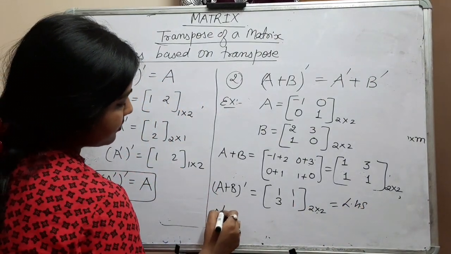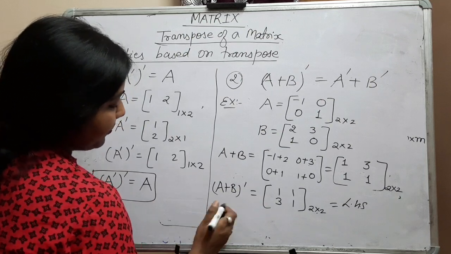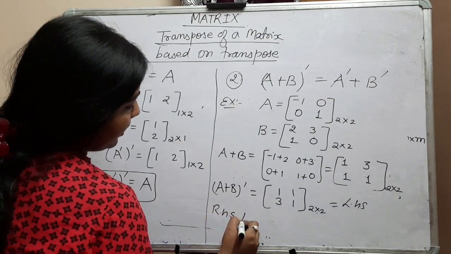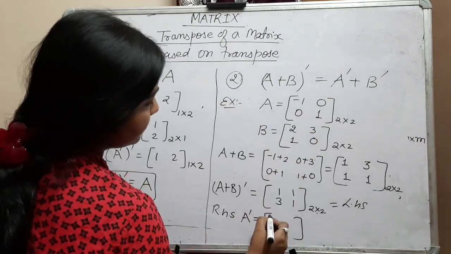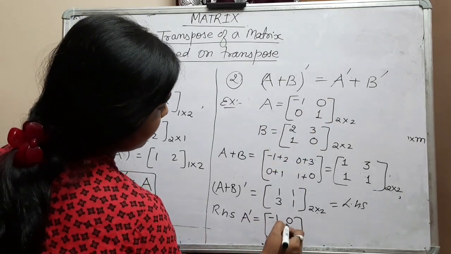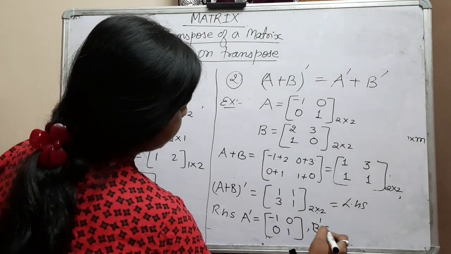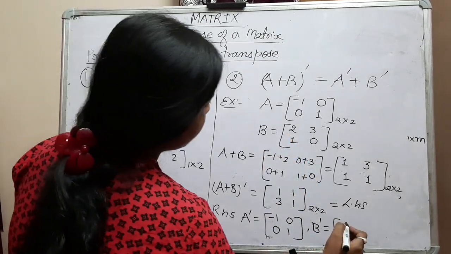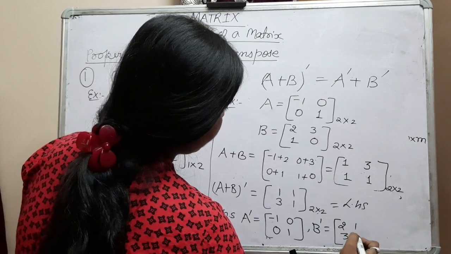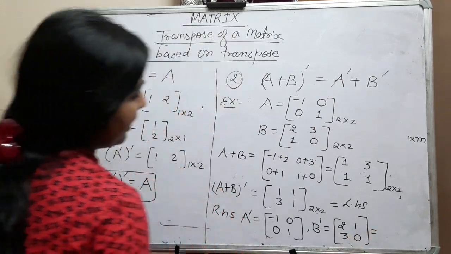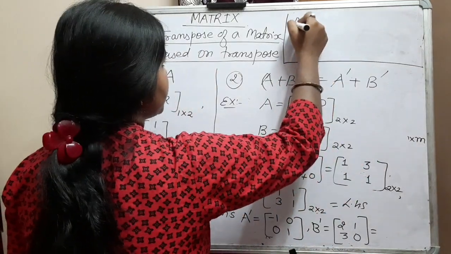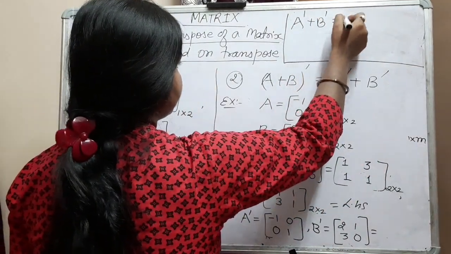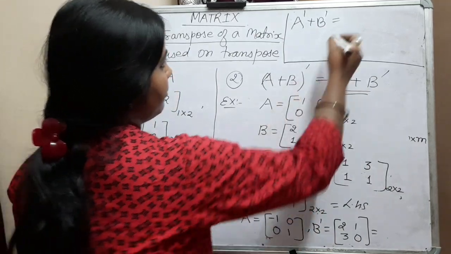On the right hand side, first we will find A dash, which is minus 1 0 0 1. Now we will find B dash, which will be 2 3 1 0. Now we will find A dash plus B dash, the right hand side part. We will add both.